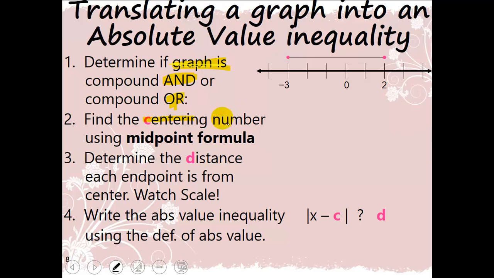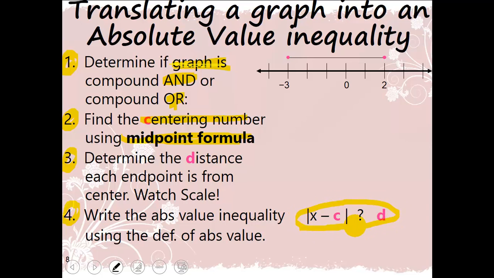We're going to find the centering number using the midpoint formula. That's the second thing we're going to find. And then 3, we're going to determine the distance that each endpoint is from the center. And watch your scale. My examples, every slash is 1, but in the book, I don't think that they are. All right? Then we're going to plug everything into this expression right here.